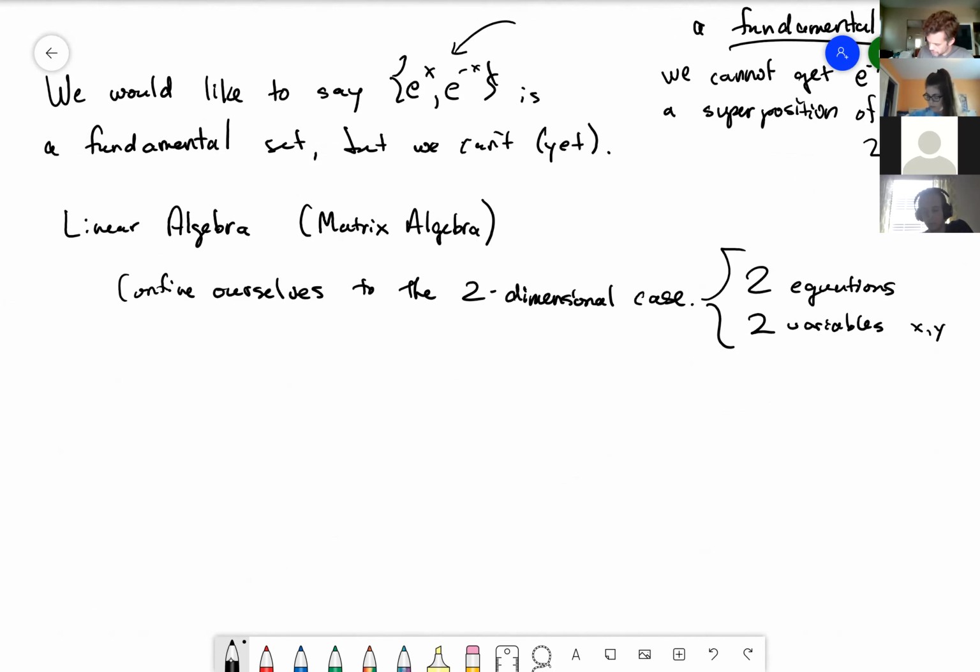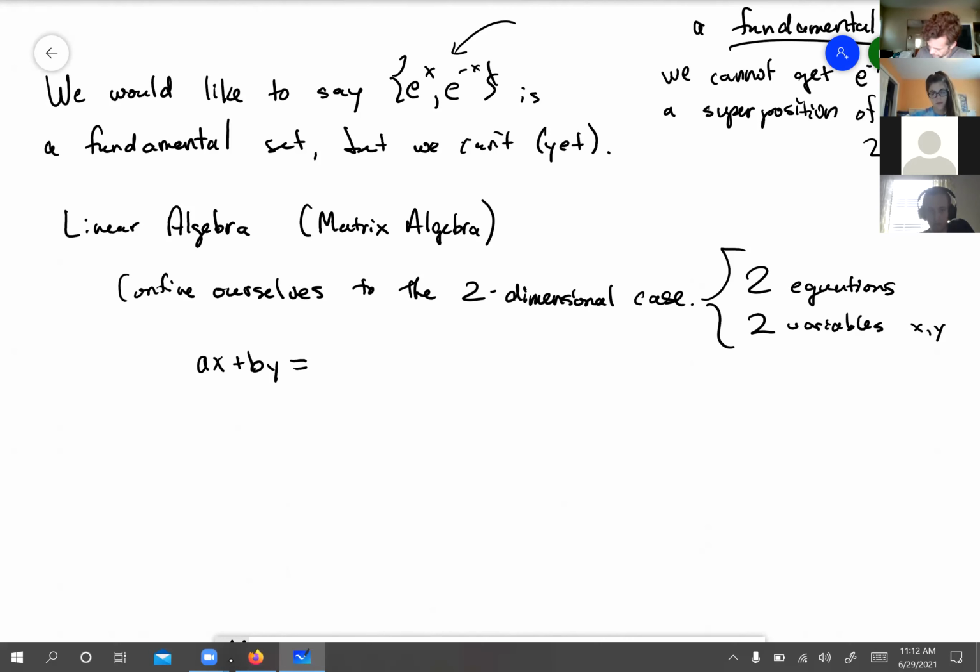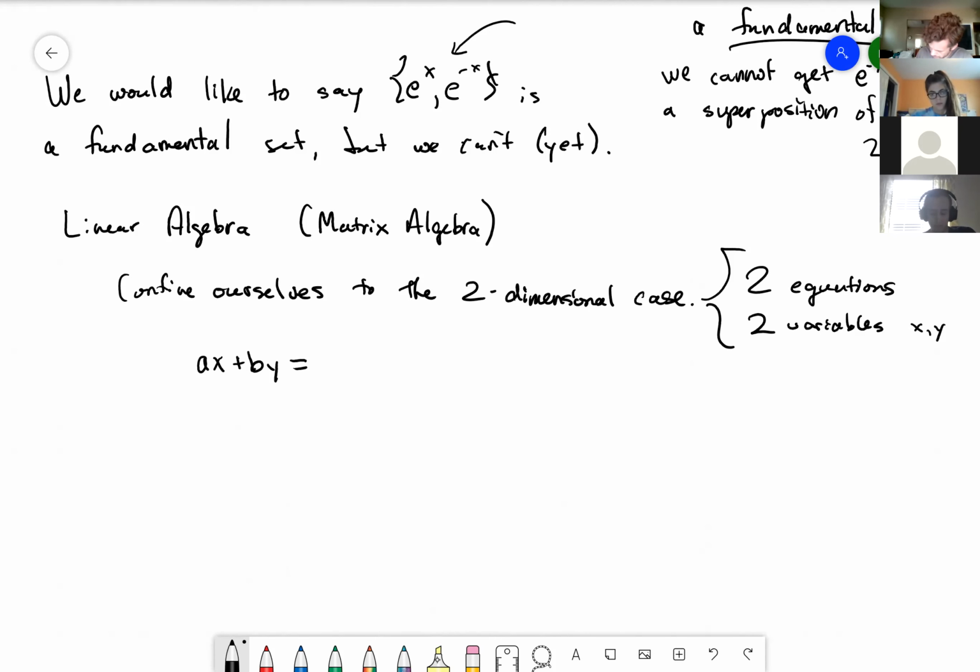So we might have a general equation ax plus by equals, well, let's write the two left-hand sides first, because I want to be able to call these things a, b, and c, d. So cx plus dy is equal to something.